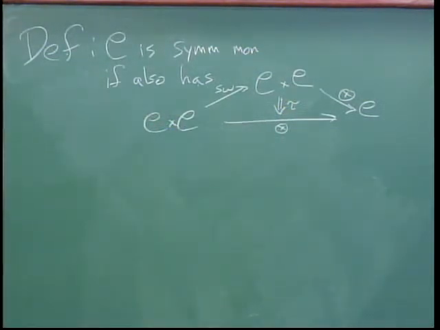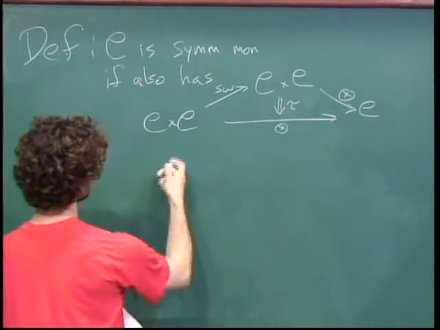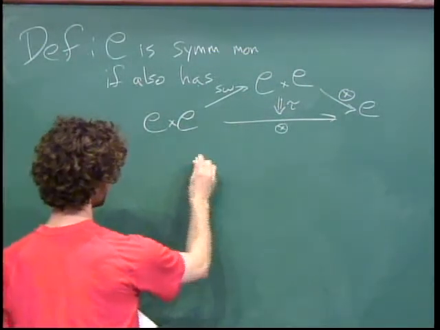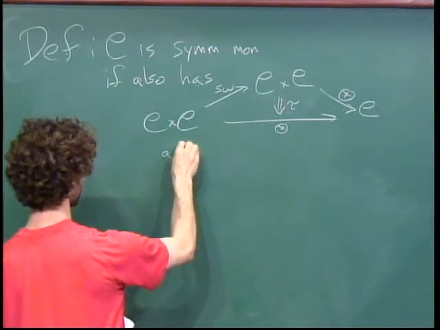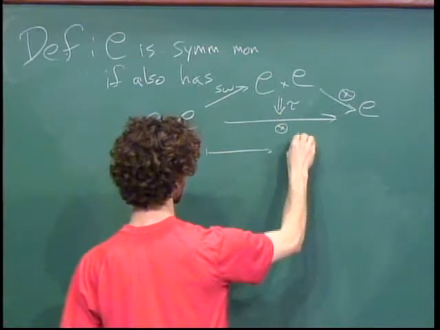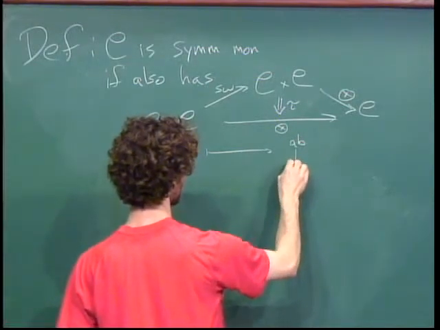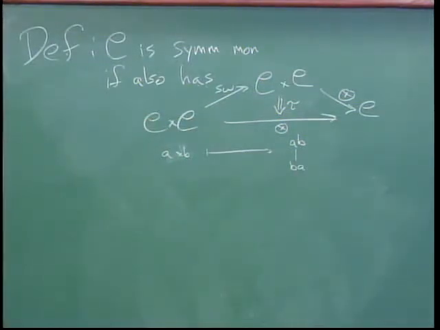So concretely, if I start with some objects A and B, or A cross B, say, this natural transformation goes to some isomorphism from AB to BA. So it provides a specific isomorphism from multiplying one way to multiplying the other way.